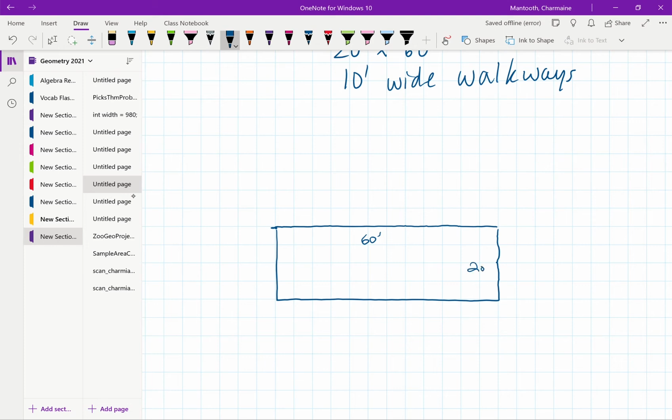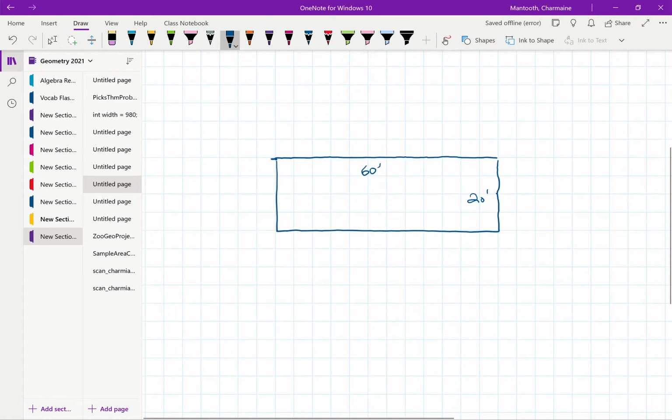This is where he or she keeps their supplies. There does have to be a 10-foot wide walkway leading into that. That could be anywhere on here. It doesn't have to be in any specific spot. You can put it over on the edge. You can put it leading into one of the sides, as long as it's 10 feet wide.